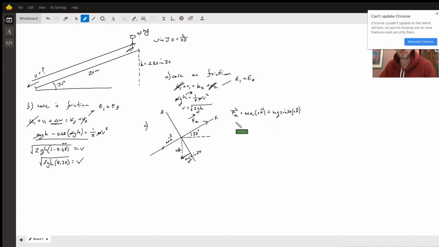And the way we get this is we say that the sum of the forces in the x direction will be equal to her mass times acceleration, which will basically just be negative x component of the weight in the x hat direction plus F of k. So F of k just ends up equaling this.